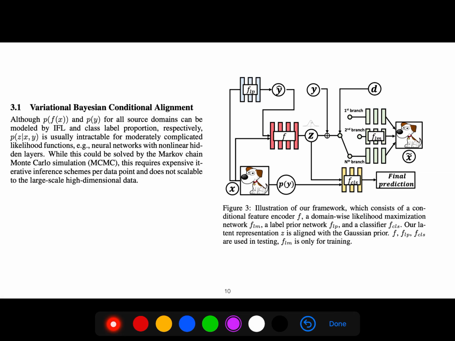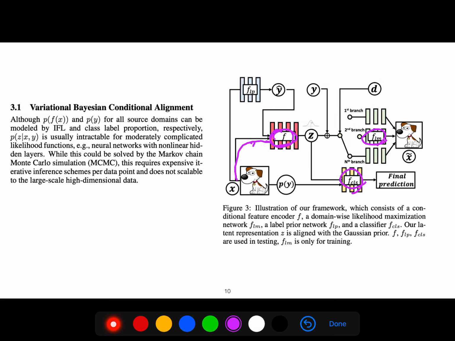So this is an illustration of the framework. It consists of a conditional encoder F that we were talking about, this conditional feature encoder. So we give our images to this conditional encoder, a domain-wise likelihood maximization network, a label prior network, and a classifier, this classifier here.